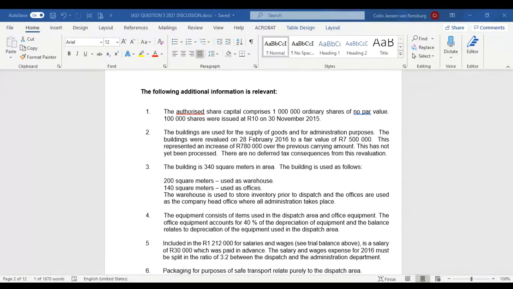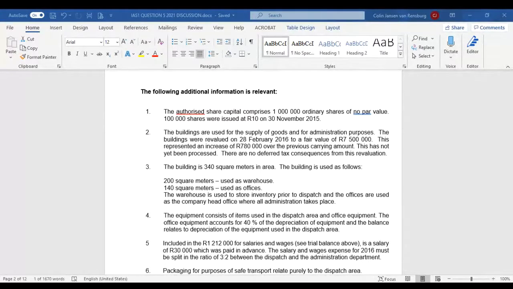Then we're going to debit the building's valuation by 7.5 million, right? But now we just want to increase the fair value to 7,500,000, right? So by how much do we have to increase the valuation now? We want to revalue it to 7.5 million.